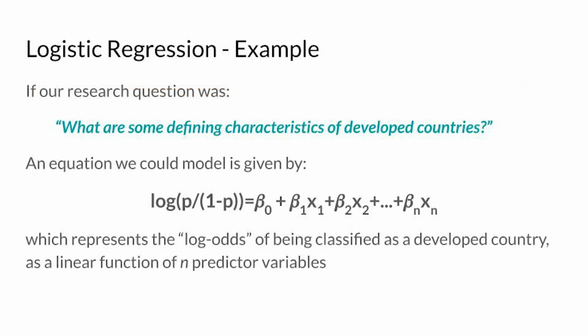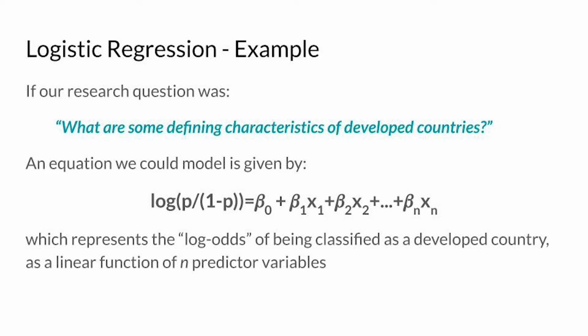For example, if our research question for the World Health Organization dataset was phrased as, "What are some defining characteristics of developed countries?" Then the variable status, a character variable that can only take on two values, would be our target variable. Instead of predicting or explaining some continuous numeric value, we would want to make statements regarding the probability of a country being classified as developed or not.